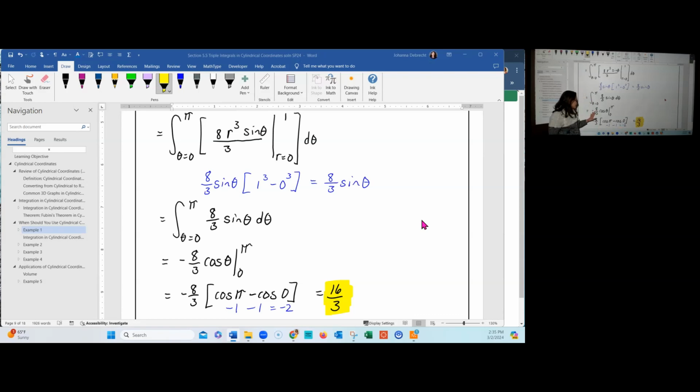However, I had a negative, so -8/3 times -2 gives me 16/3. It's not possible to interpret what this is until we know what the function of 3 independent variables represents. It could represent something like pressure at a particular point in three-dimensional space.